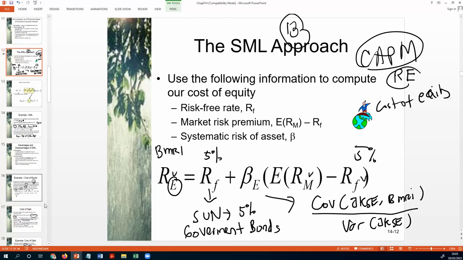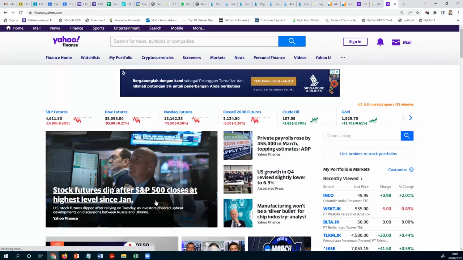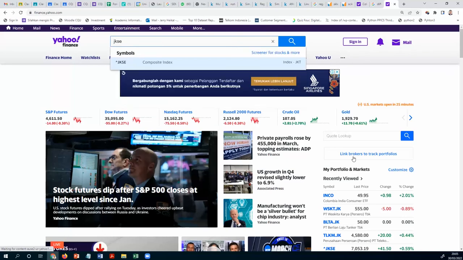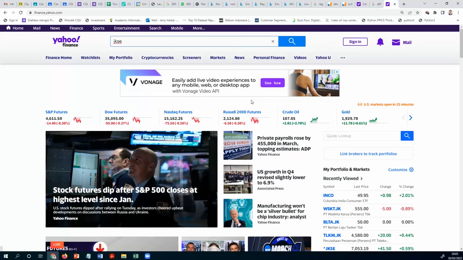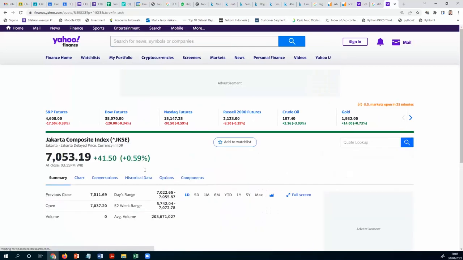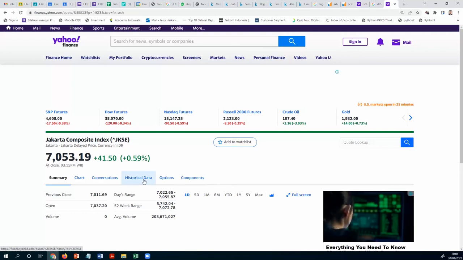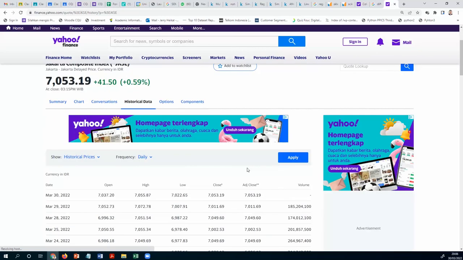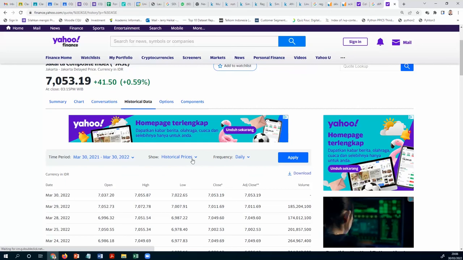All right, let's get the data. So we open Yahoo Finance, and then find the Jakarta Stock Exchange. And then go to the historical data, and you want to see the monthly close data, then apply.